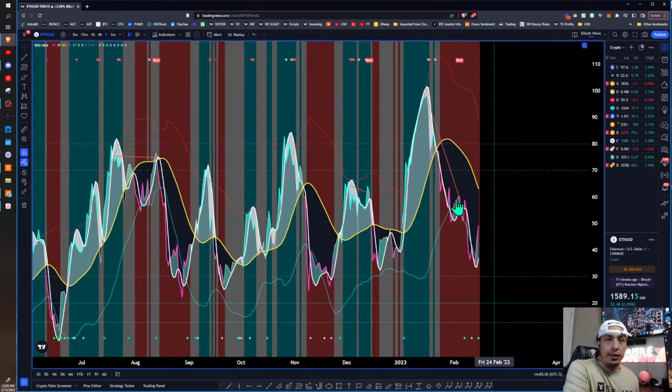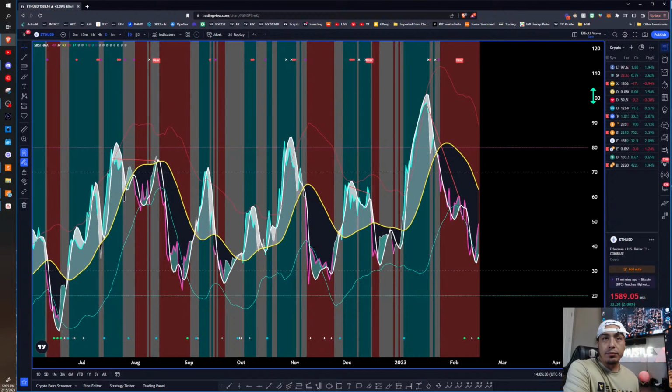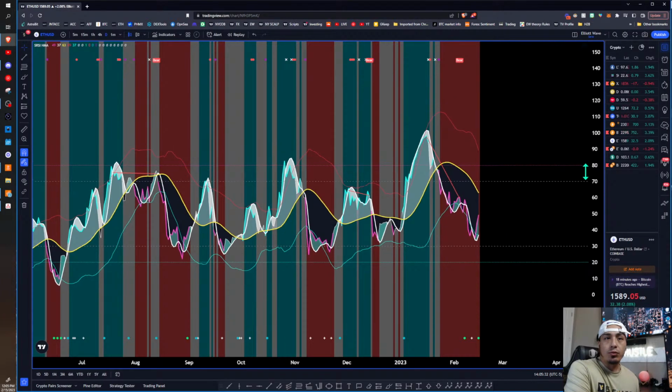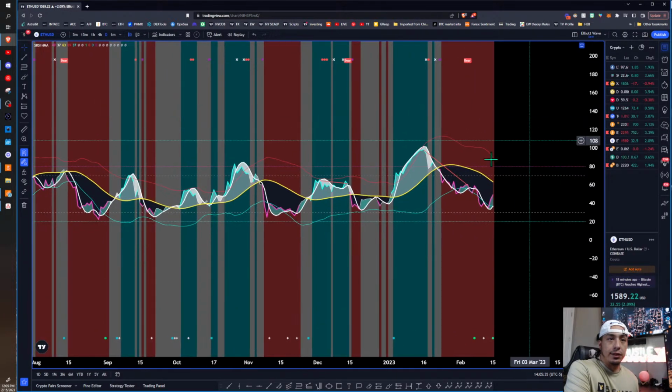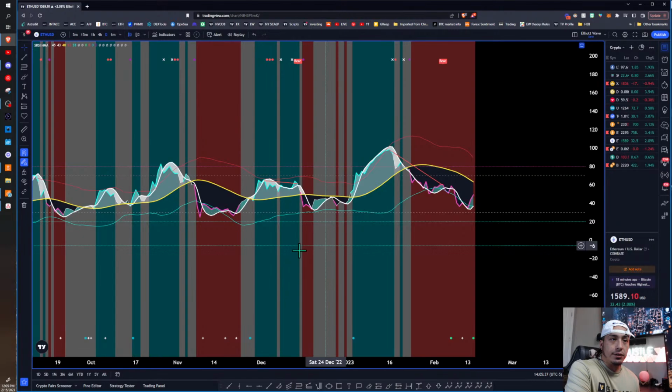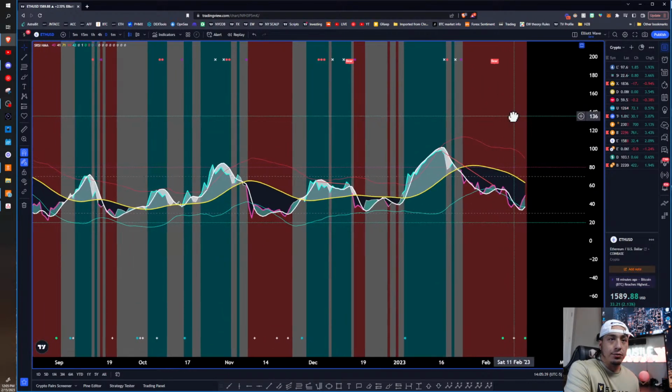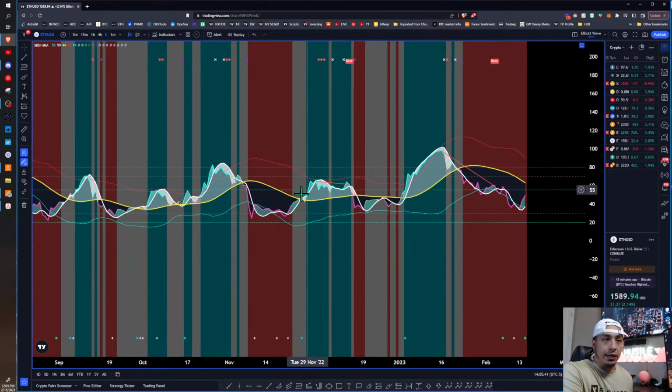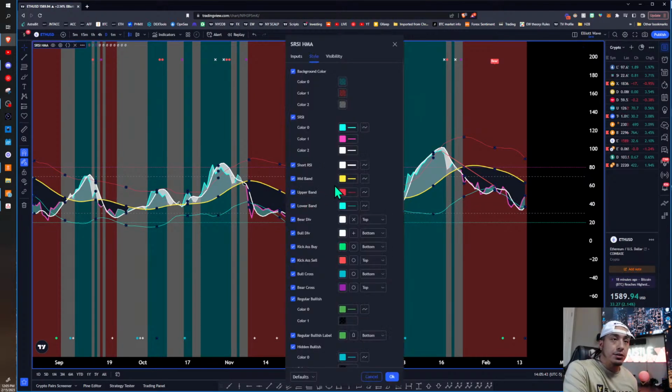So let's just pop the entire thing up. It looks pretty messy, obviously, at first. But all of this stuff is just trying to tell you where momentum is going in different ways. So it's on you to figure out which way looks visually more appealing to you.